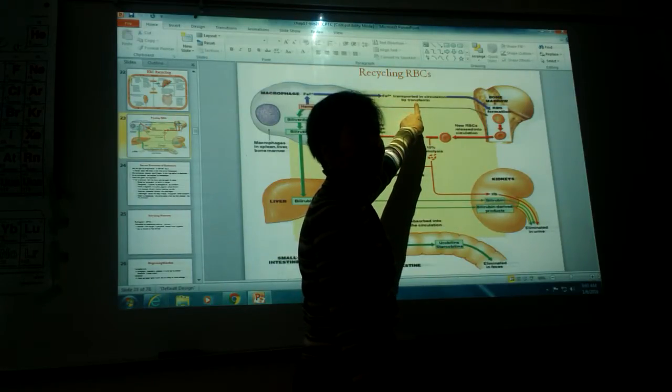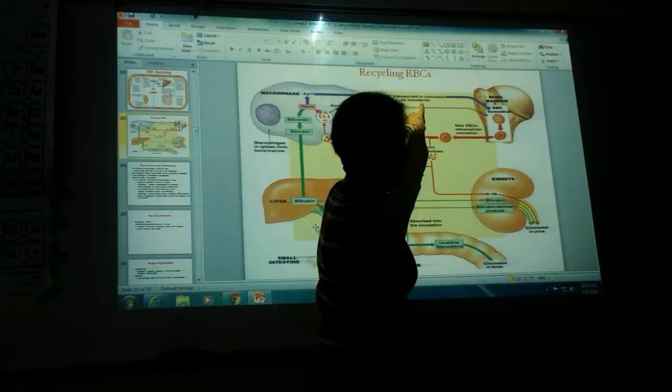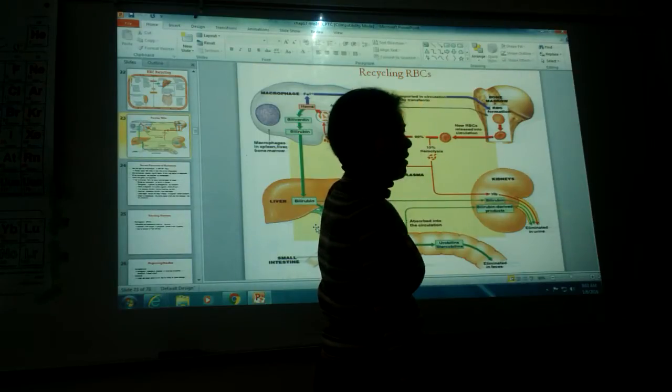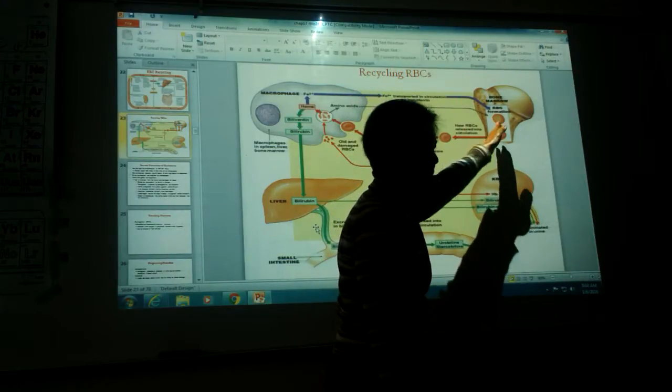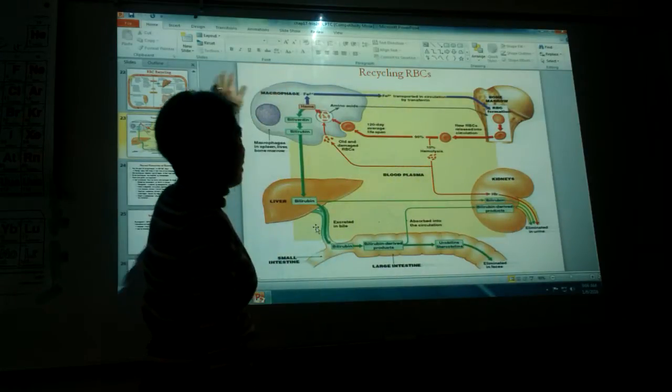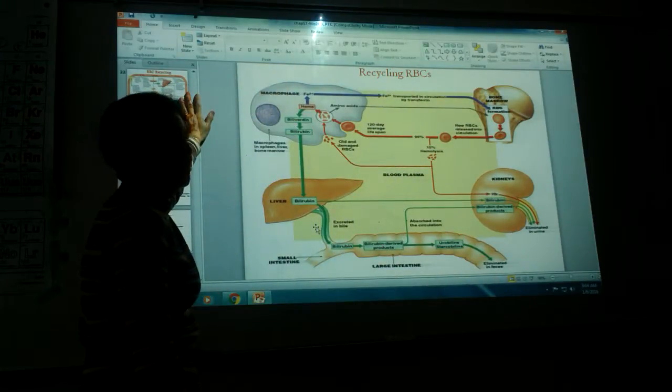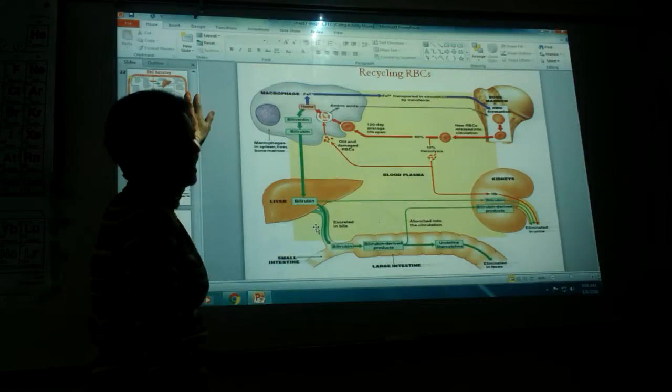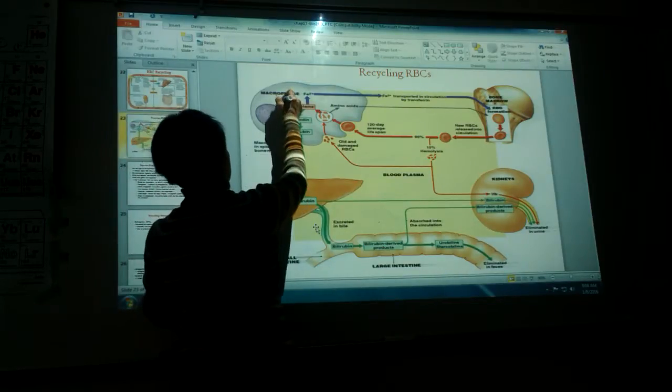Ferrous sulfate, iron, right? Transport, transfer. So you transfer the iron from where it died back to the bone marrow. Or you can store it bound to the protein ferritin. Ferritin.